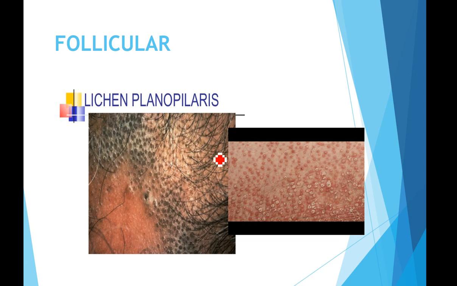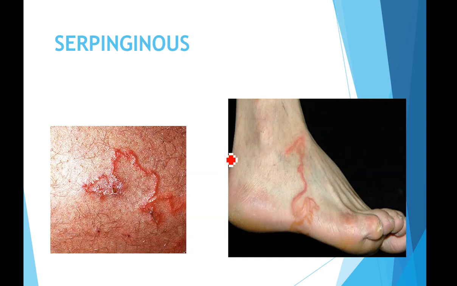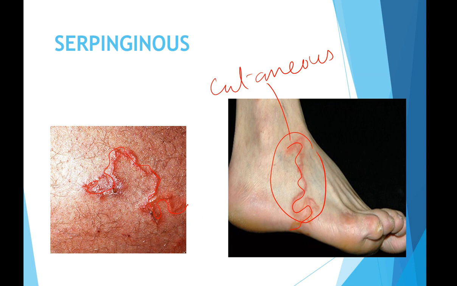But you can see over here, this is the follicular pattern. Then this is the serpentinous. You can see it's snake-like. And this is usually a lesion you can see in cutaneous larva migrans. This is a condition that you will read in the infectious pathology, cutaneous larva migrans.